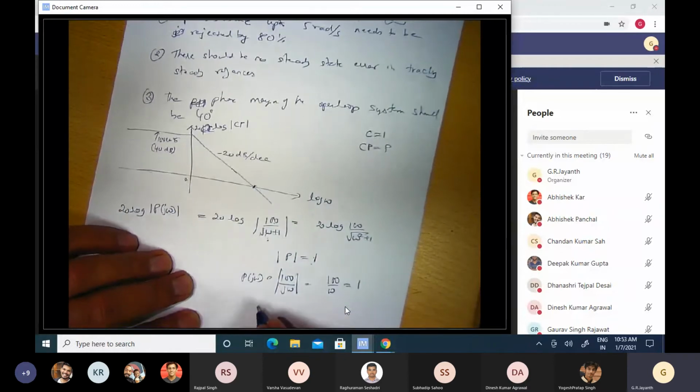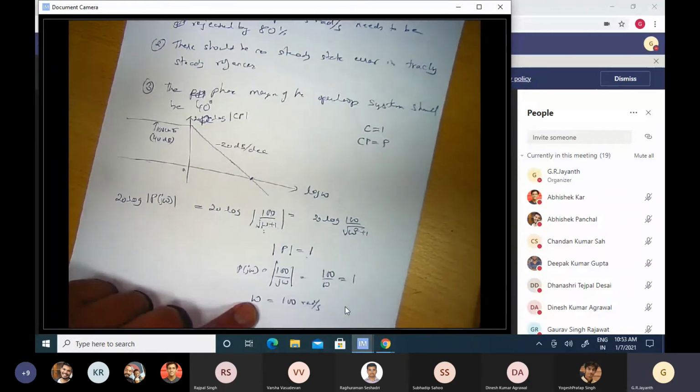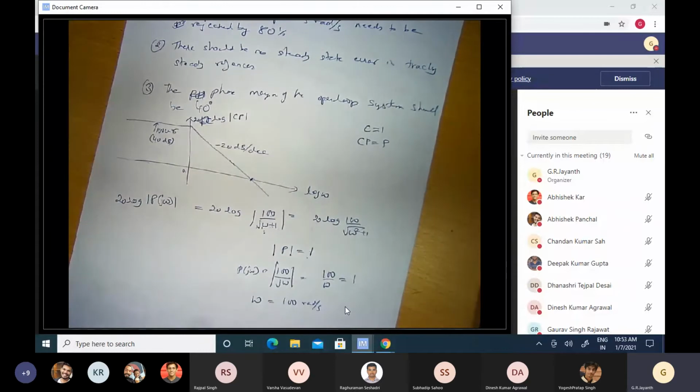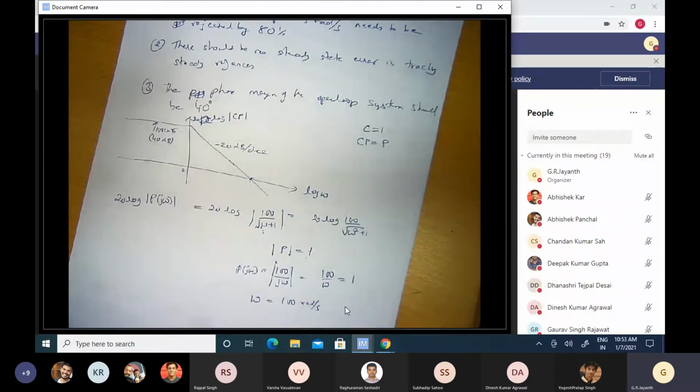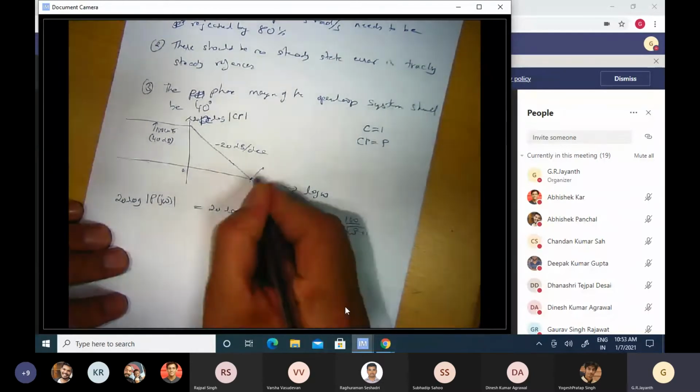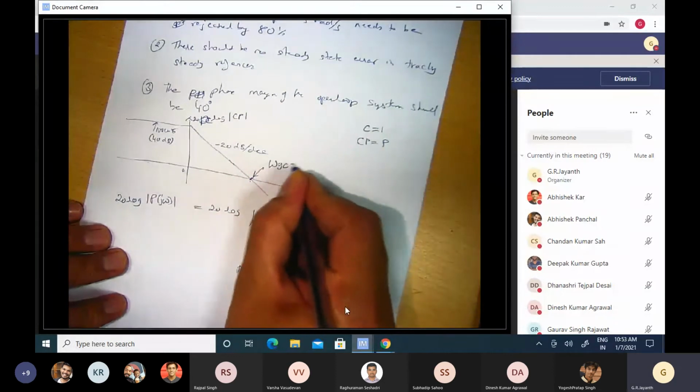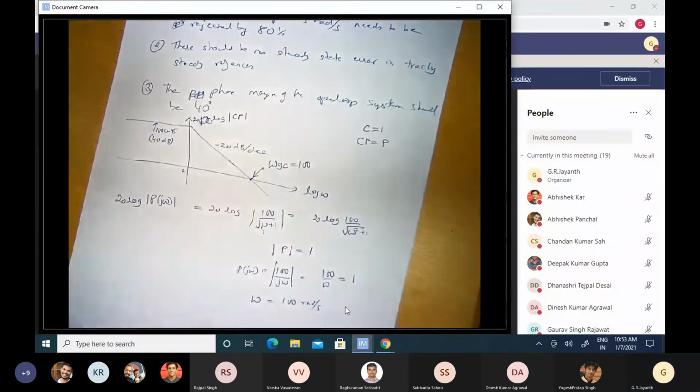This gives me omega as 100 radians per second. And if you notice, this is nothing but the gain crossover frequency that we talked about in the Nyquist plots, because the gain crossover frequency is the one at which the gain of the open loop system becomes equal to unity. So this is omega GC, equal to 100 radians per second.